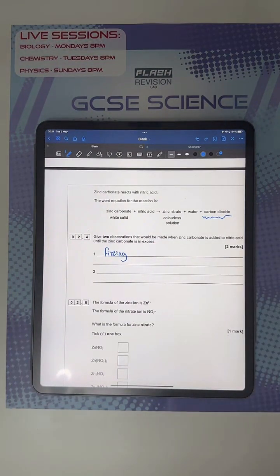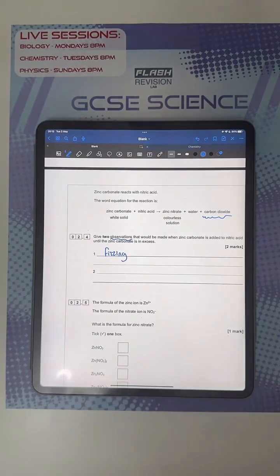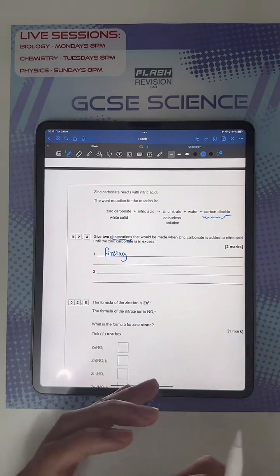What's the second mark for? Heat release, not necessarily heat released. That's not an observation. You can't see that. You can't see heat release. No color change. Nope. Imagine this, guys. You've got an acid, you're putting a solid in it.